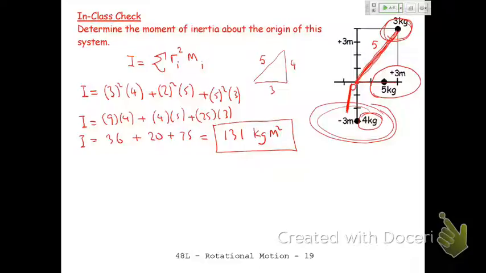Things that will trip you up: people will sometimes worry about the positive and negative signs, even though the distance is squared. People will look at it when it's not on axis and not think about Pythagoras.